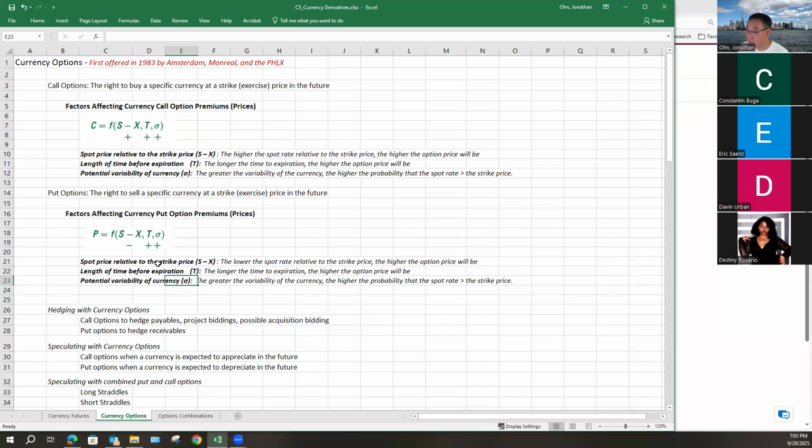But the first one, spot minus strike price, will be a negative impact, because the call was the right to buy and this one is the right to sell. So it goes in the opposite direction. So negative, positive, positive.